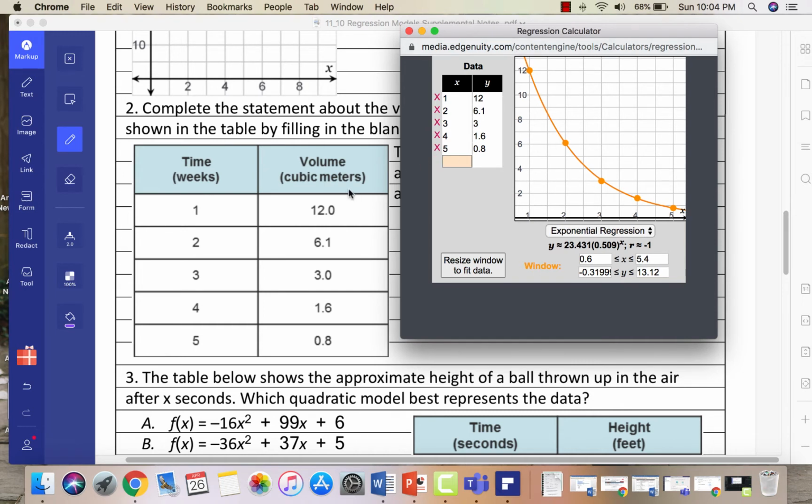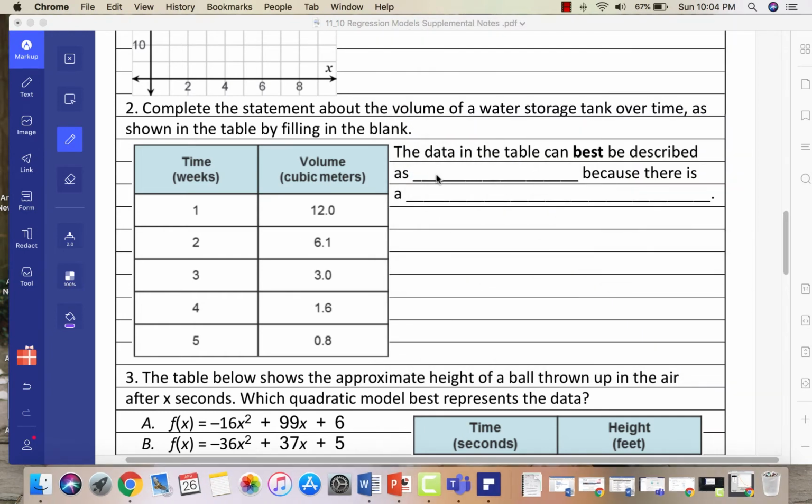So this will be an exponential function, and it has a constant multiplicative rate of change, because we multiply by the same number.